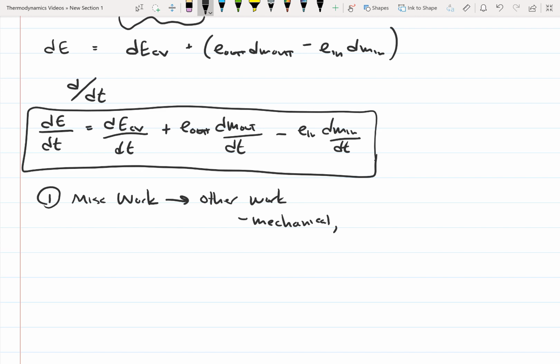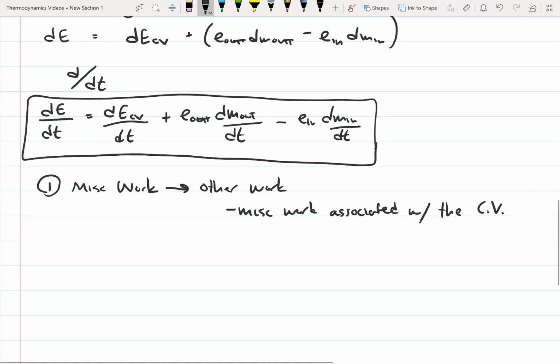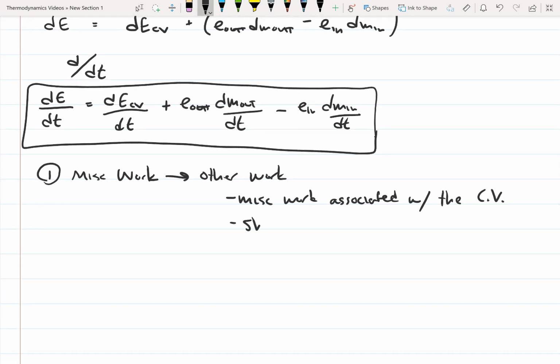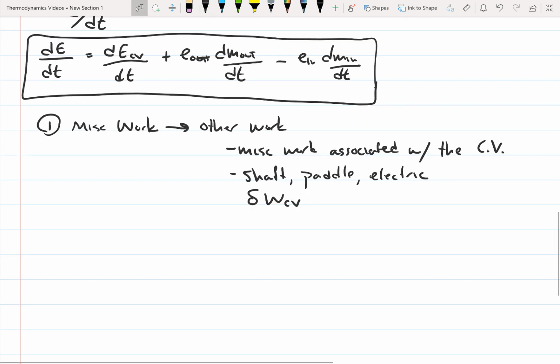So this is the miscellaneous work associated with the control volume, things like shaft work, paddle work, electric, etc. This is the first type.